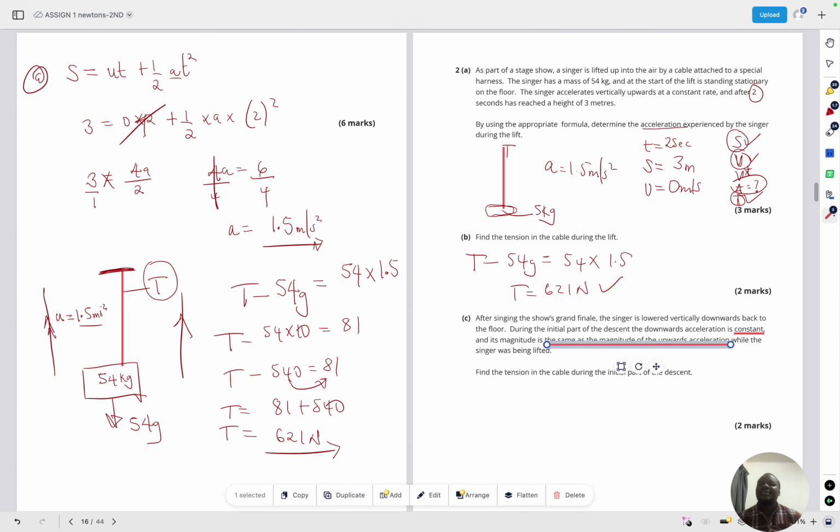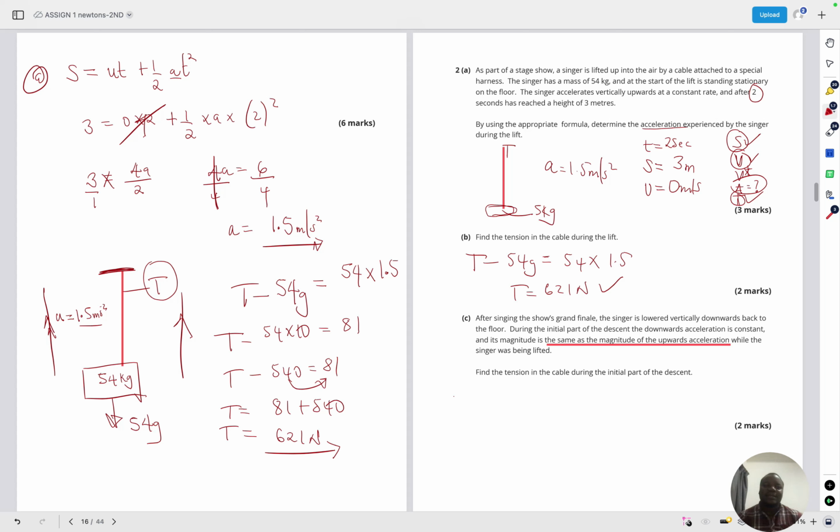That means we are using the same acceleration in this case. It's dropping at the same rate while the singer is being lowered. So we know that when coming down, it's just the change in which force has gotten bigger. Then they say find the tension in the cable during the initial part of the descent.